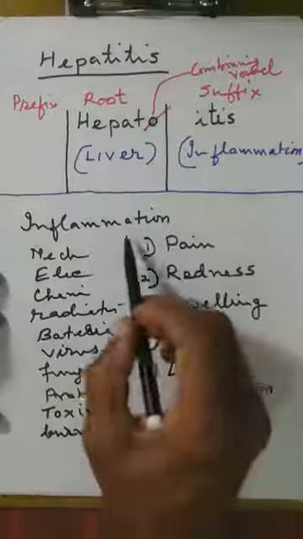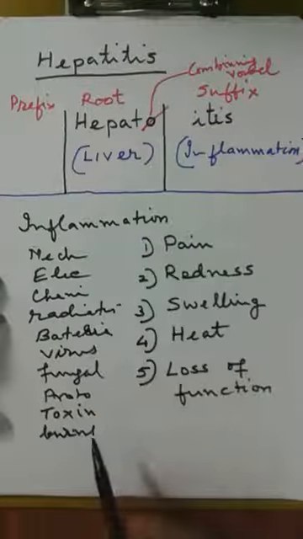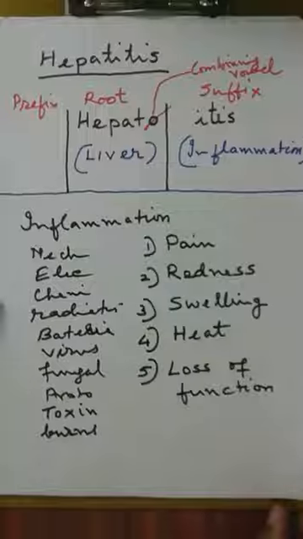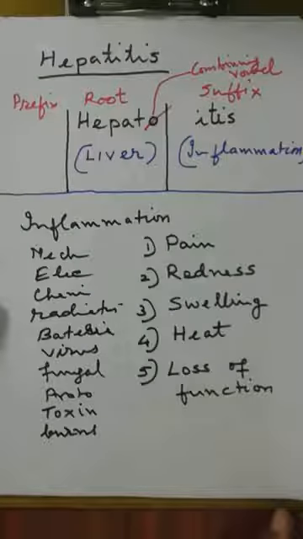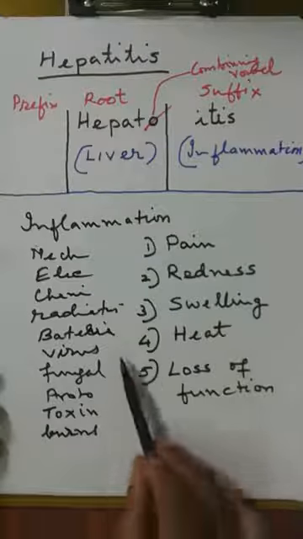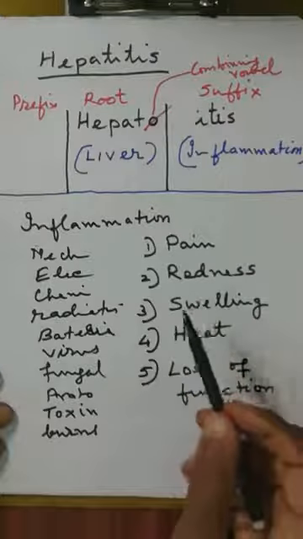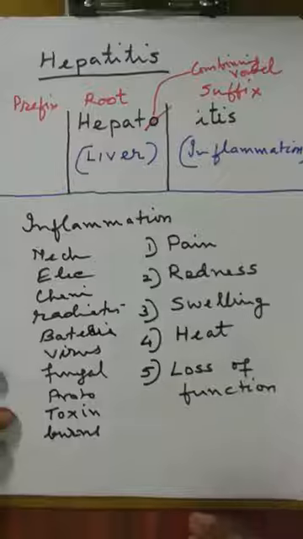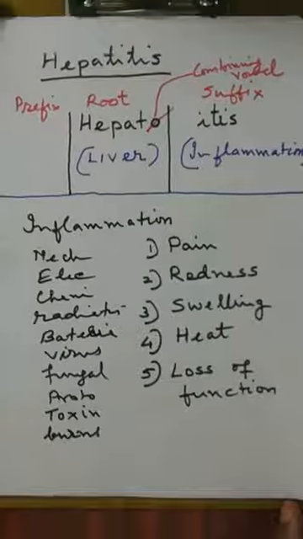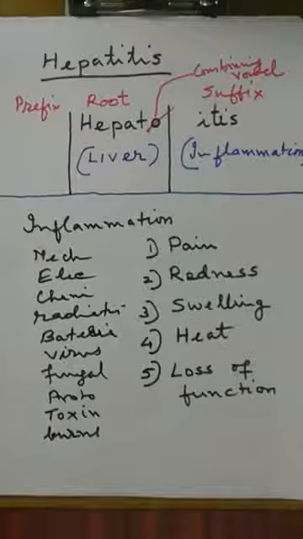So these are the symptoms of inflammation. It is not necessary that all symptoms should be manifested. Can be 1 or 2 or 3. Then also we have to assume that there is inflammation happening to that part.